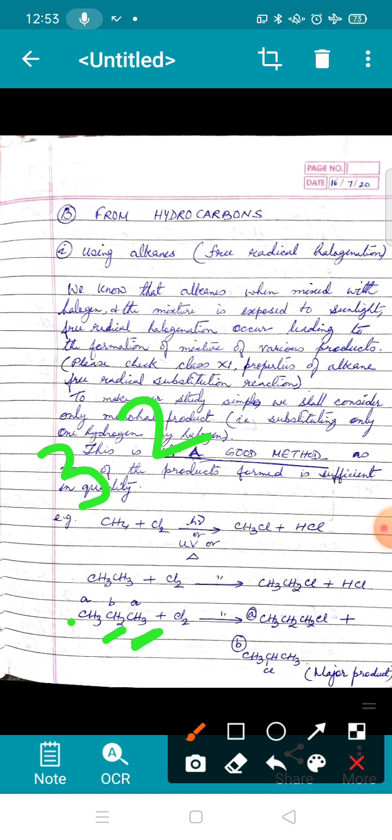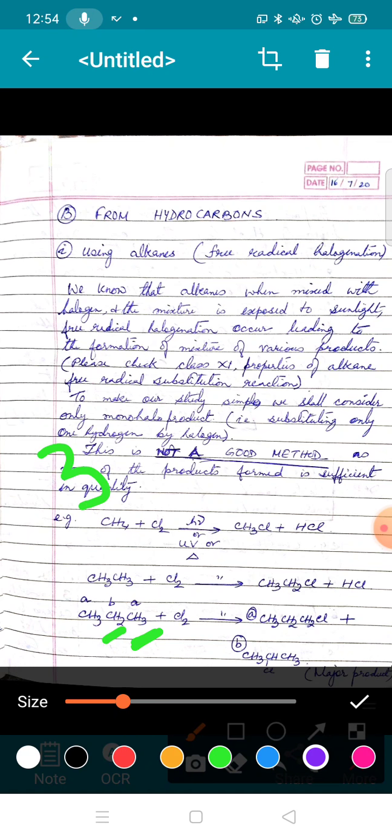Now when I replace A type of hydrogen by Cl, when treated with Cl, we get this product CH3CH2CH2Cl. When we replace B type of hydrogen, what we get? CH3CHClCH3. So the two products are definitely not same.